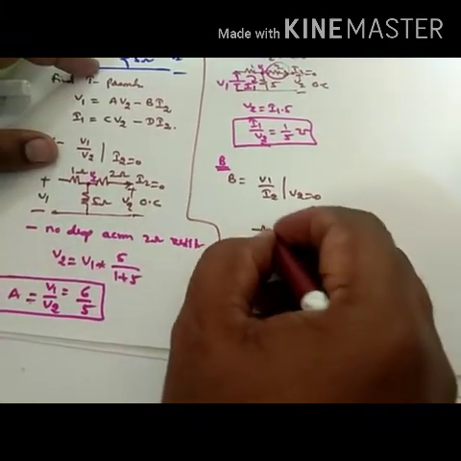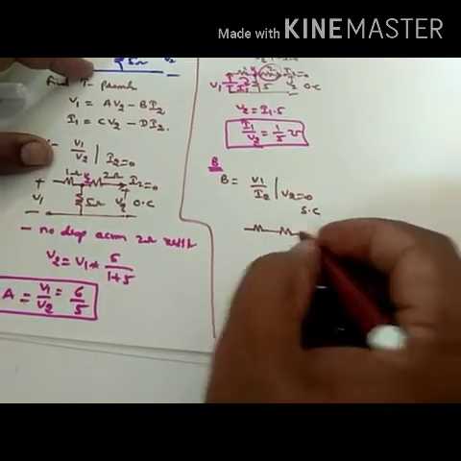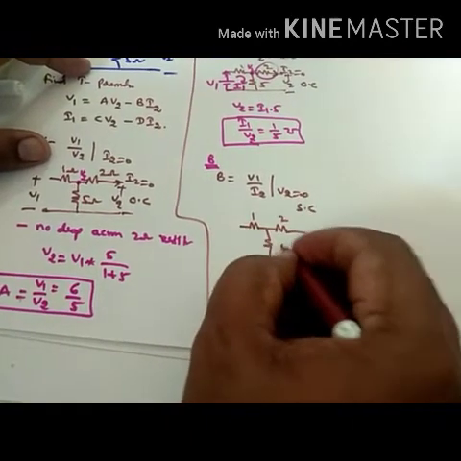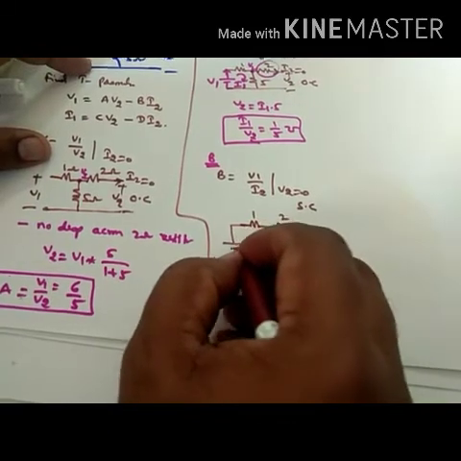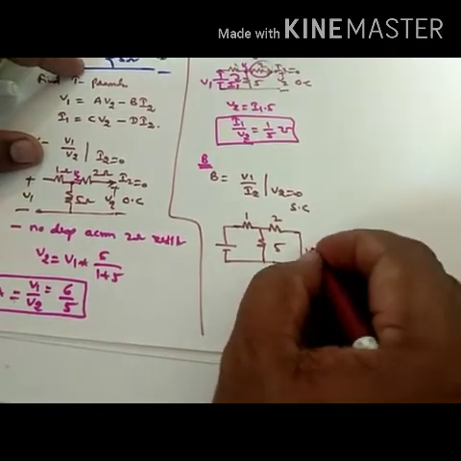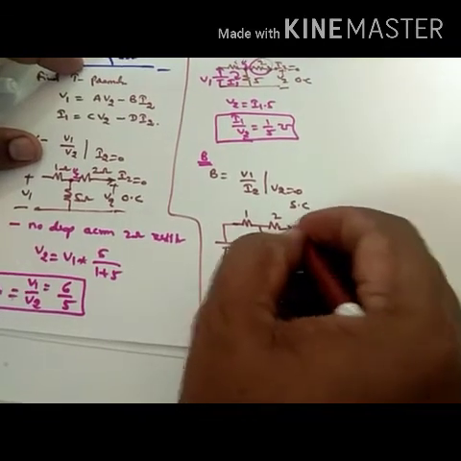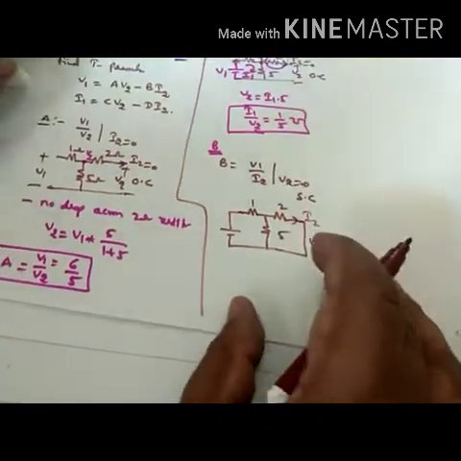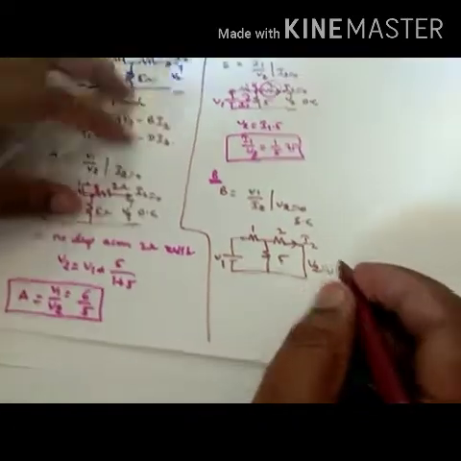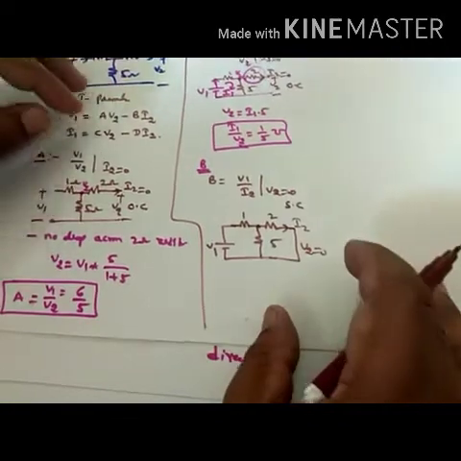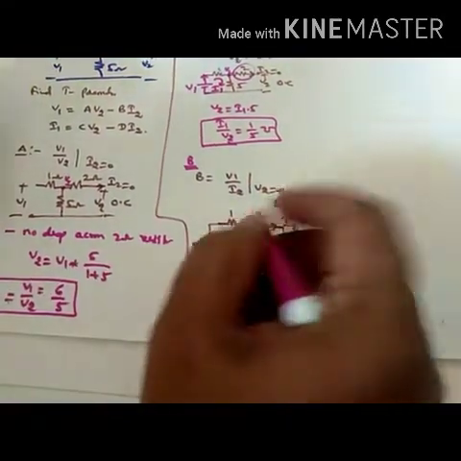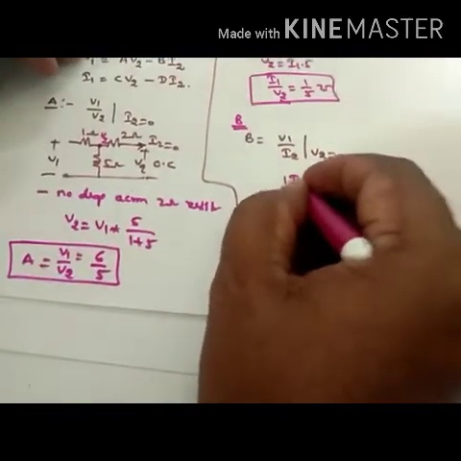Consider the network here: 1, 2, 5, with V1 at the input and the output shorted, so V2 is equal to 0. Now find V1 by I2. The current here is I1.